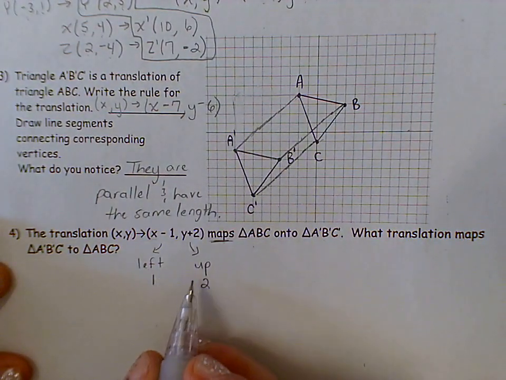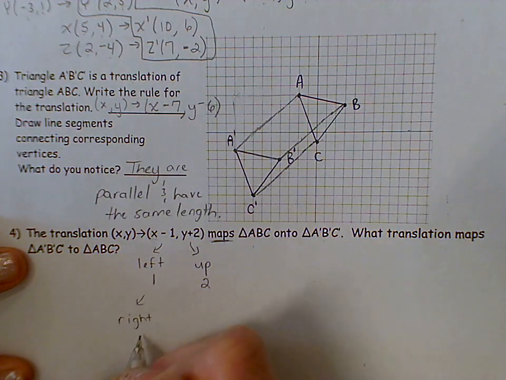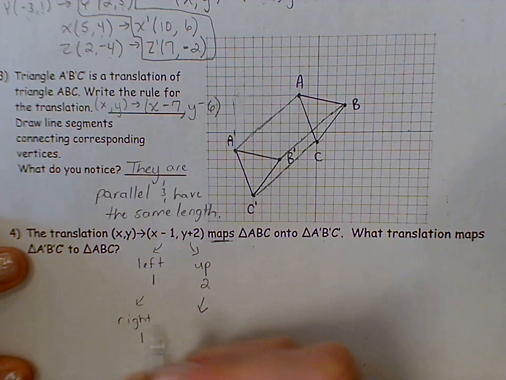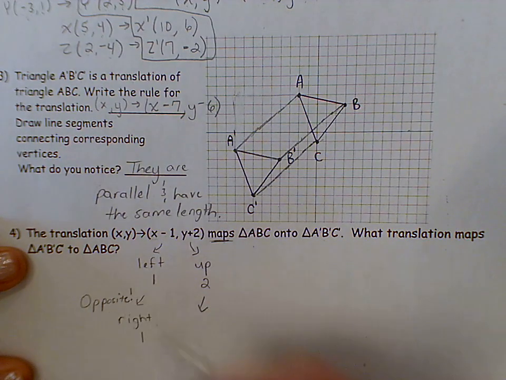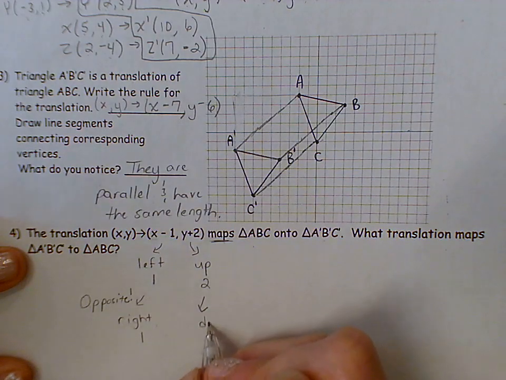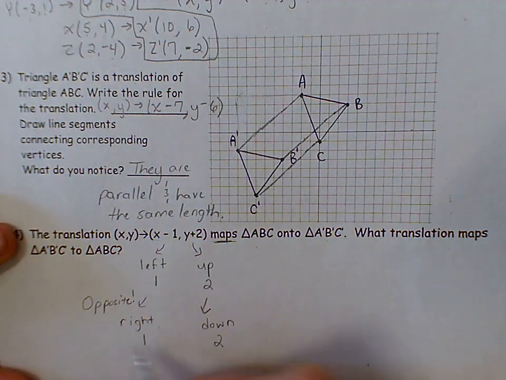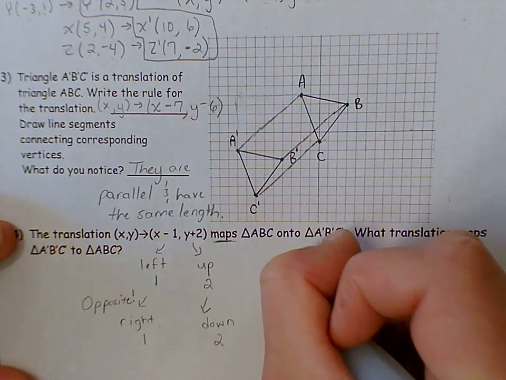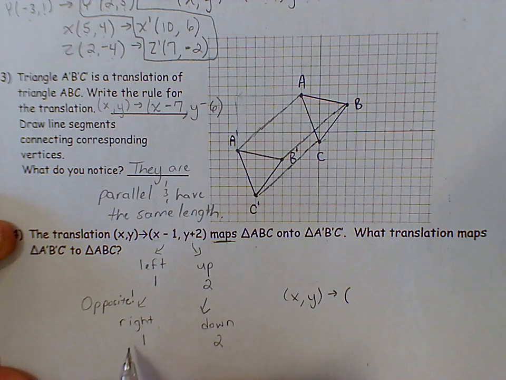Well, you do the opposite of this. So the opposite of that would be to go right 1, and then the opposite of this would be down 2. So now all we have to do is write a rule that means that. So you always started out with x, y. So how do I do right 1?